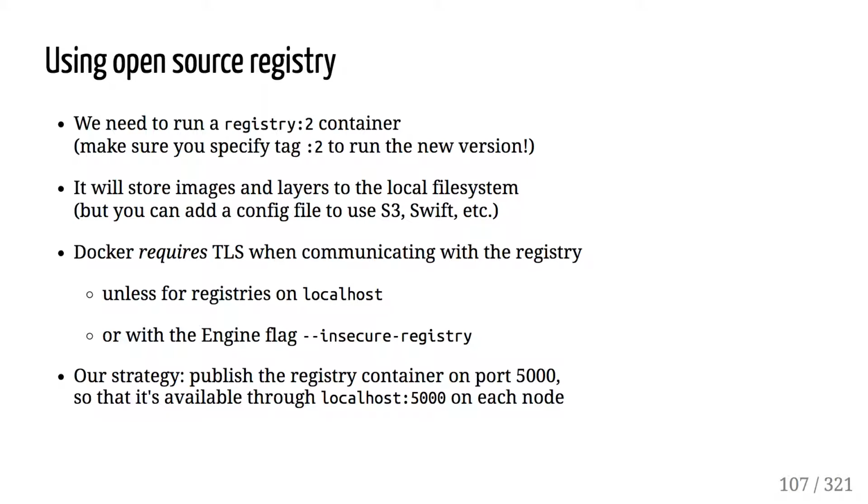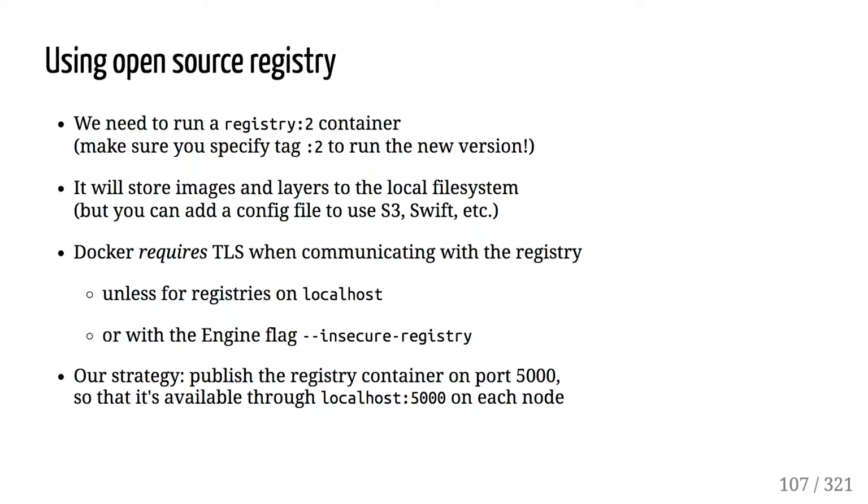For security reasons, Docker absolutely insists that you should use TLS when talking to the registry. So at first, that's kind of annoying because when you run your registry, you're like, oh crap, now I have to set up certificates and I have to use actual certificates. Except there are two ways around that.